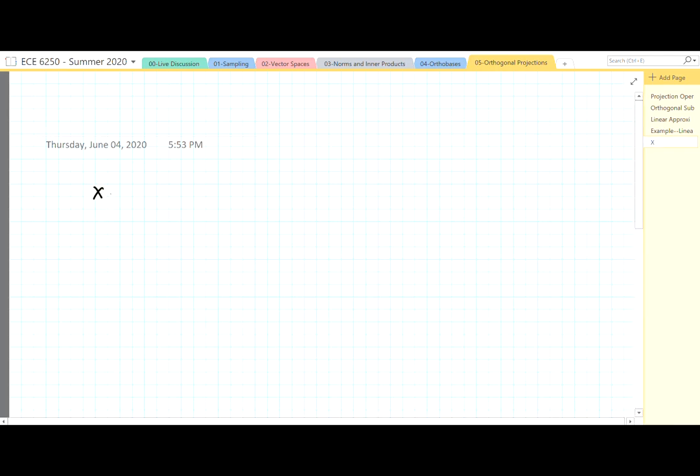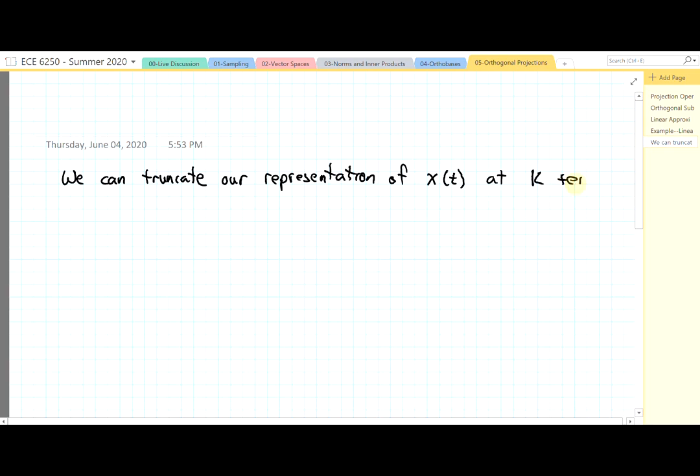So we can truncate this expansion, that's the whole point of what we've been doing, at K terms.